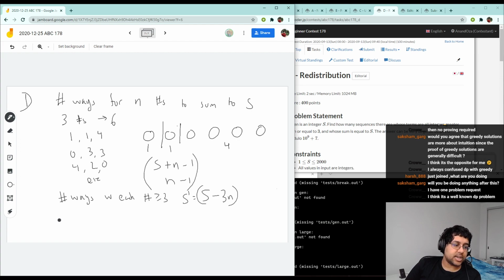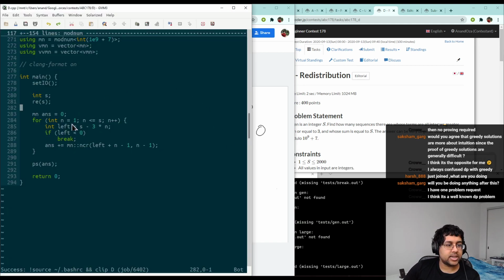Okay, so now we consider all values of n, not 0, because that would be nothing, up to about s over 3. If we look at the code, that's what we ended up doing.